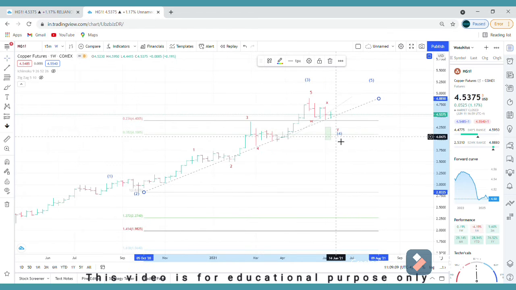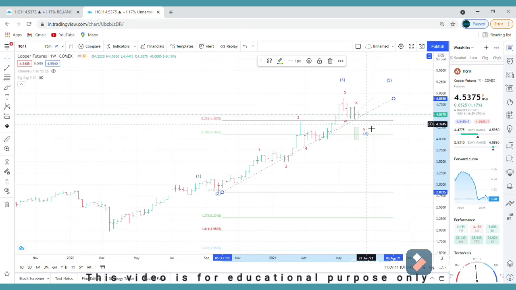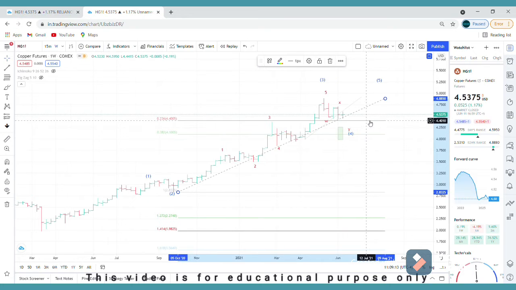This is one criteria. Typically, it ends at the 23.6 or 38.2 level. So we are expecting, if we are able to get this at the maximum retracement level, then we will be entering, so that our risk will be minimum.